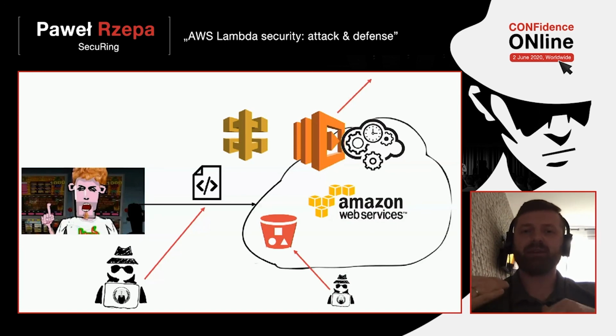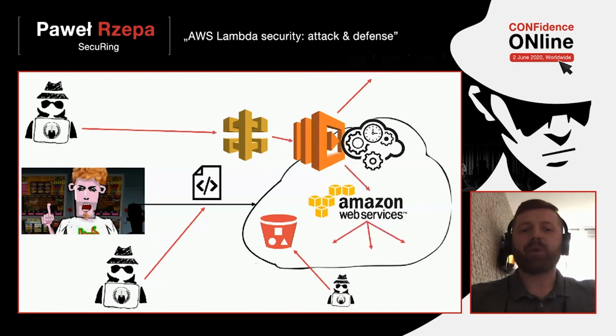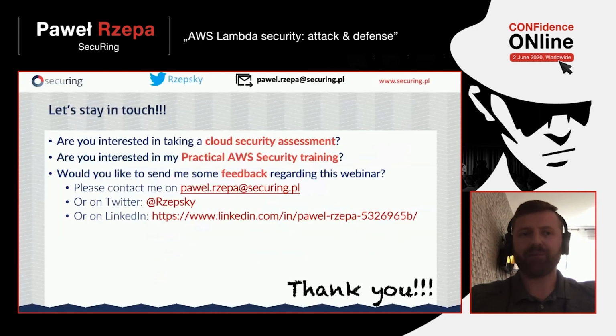So if the attacker is able to display the stack trace with the environment variable, that is a big problem for you. And finally, we were talking about remote code execution in serverless applications and the problem of over-permissive roles, which an attacker can use for further penetration of your AWS account.